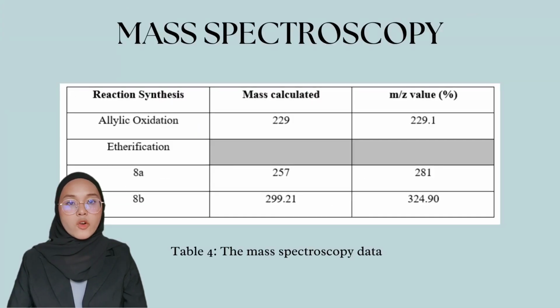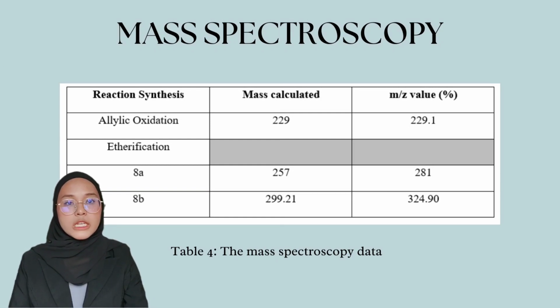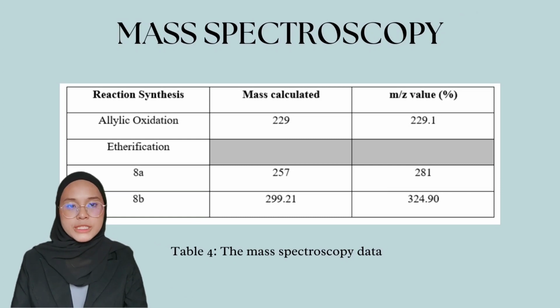This is the result for mass spectroscopy. For the allylic oxidation reaction, the molecular weight calculated was 229. From the mass spectroscopy, the molecular weight shown was 229.1, which is the exact mass of the compound. Next, for the esterification reaction, the molecular weight calculated for compound 8A is 257.33.